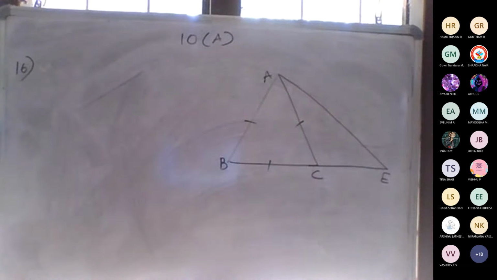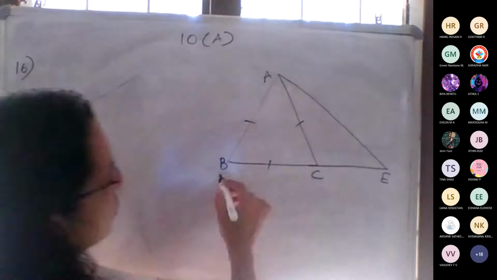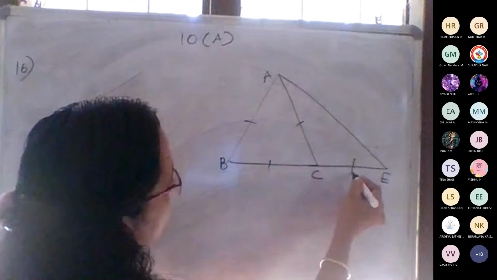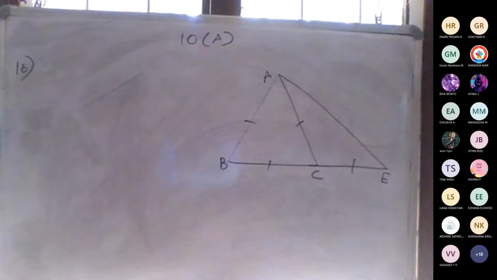Also given, BC is produced up to E such that C is the midpoint of BE. So also given BC equals AC. C is the midpoint means BC is equal to CE. Then this is our figure.